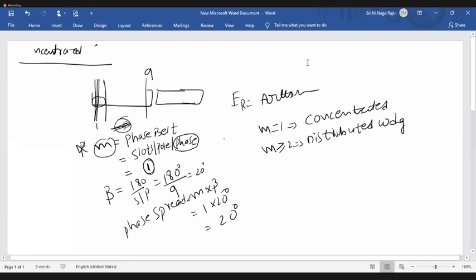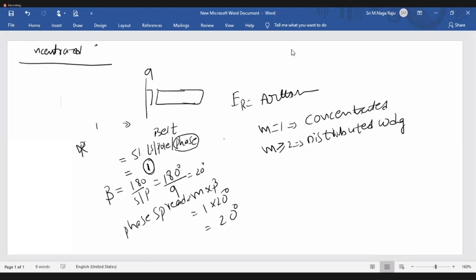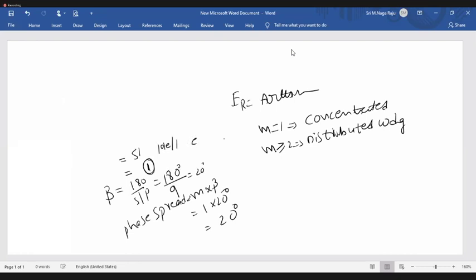distribution factor or spread factor, S-P-R-E-A-D, spread factor, or belt factor, or breadth factor, B-R-E-A-D-T-H, breadth factor.